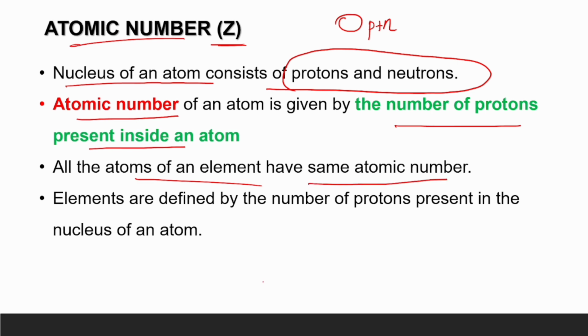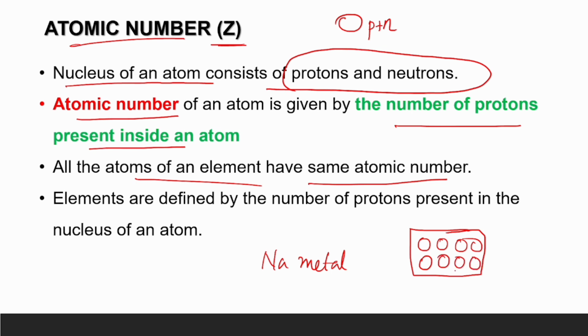That means sodium metal will consist of many sodium atoms. I hope you remember the gold experiment. A gold sheet will consist of many gold atoms. We have studied Rutherford's alpha particle scattering experiment, where we used a gold sheet.